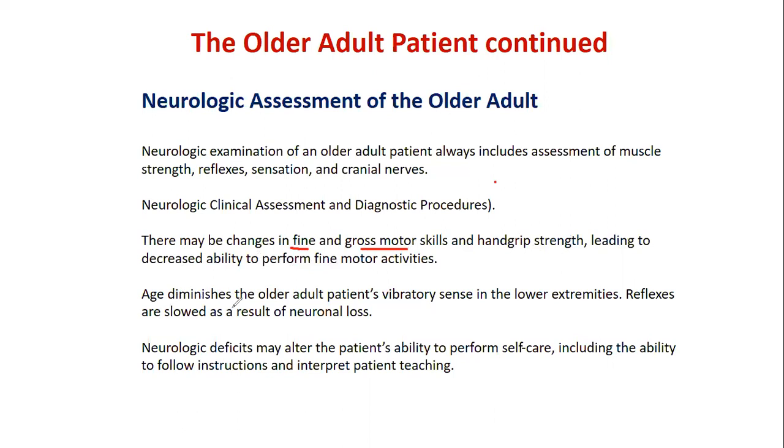Age diminishes the older adult patient's vibratory sense in the lower extremity. Reflexes are slow as a result of neuron loss. So here we are talking about age-related changes, most pronounced in advanced age of 85 years or older. They may even alter the older person's response to illness.